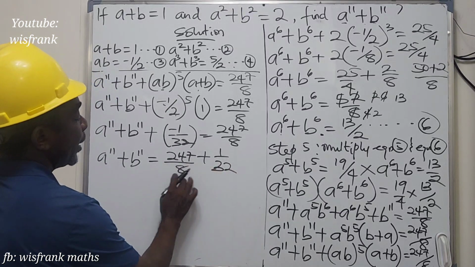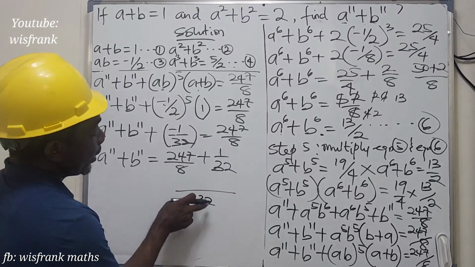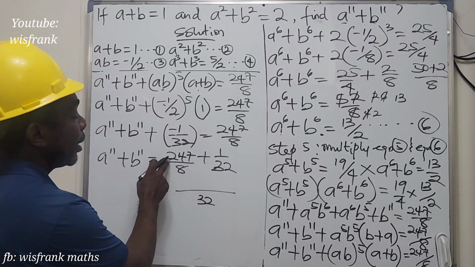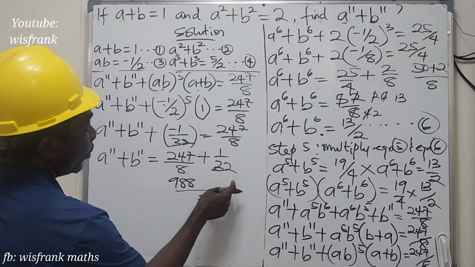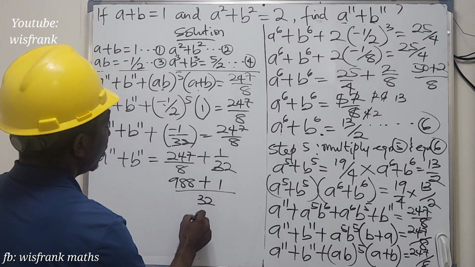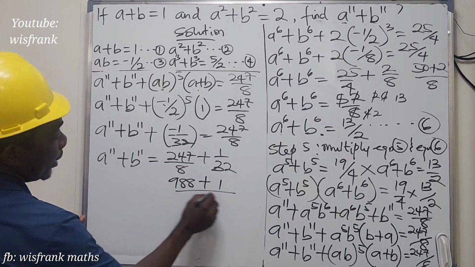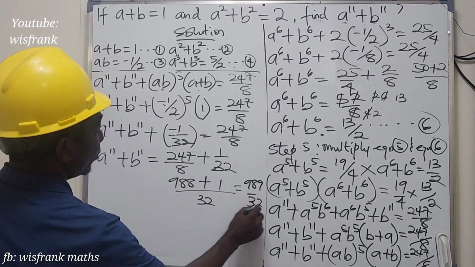So we are going to find the LCM of these two. So we have it as 32. So now 32 divided by 8 is 4. 4 times 247, we have 988. So we have 32 divided by 32 is 1. 1 times 1, we have plus 1. So in this case, this is the same thing as 989 all over 32.